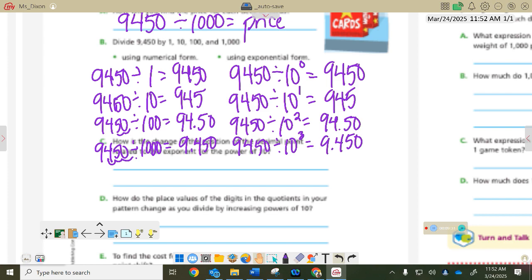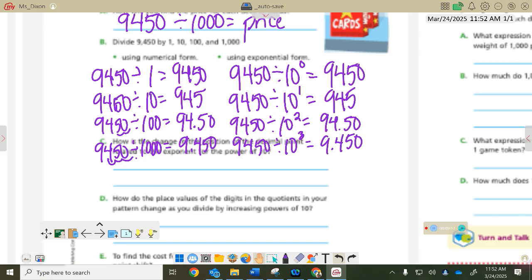So every time we move the decimal, how many what? No, we're talking about the exponent now. So let's look at this one. We had it times 10 to the power of 0. How many times did we move the decimal? 0. We got the same answer, right?